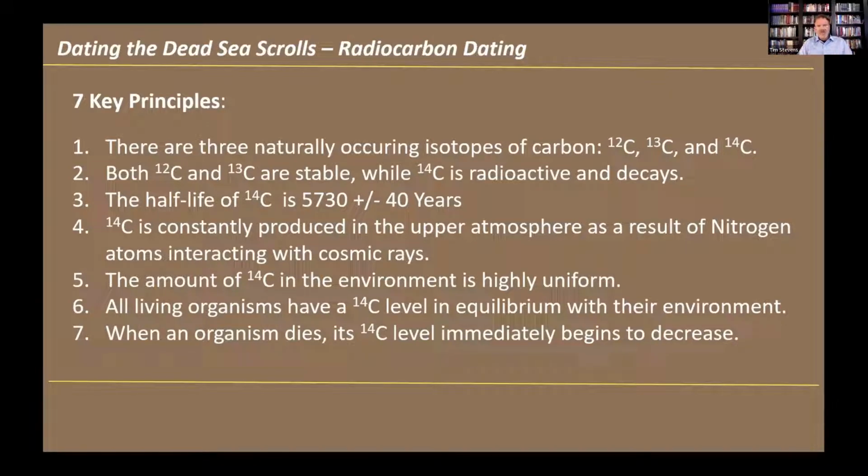We have a certain amount of them, and they don't change. They're not created, they're not destroyed, whereas carbon-14 is made as a result of radioactive processes and decays in the same fashion. The half-life of carbon-14 is 5,730 years, plus or minus 40.